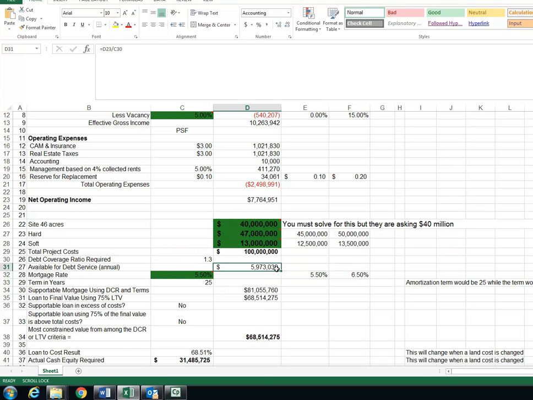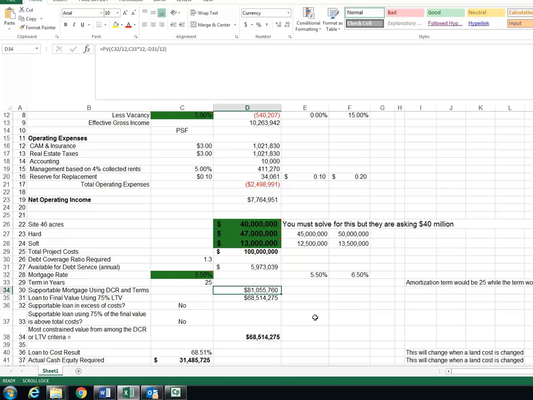Well, if I divide that by 12, I'll get the monthly mortgage payment, and if I solve for what that monthly mortgage payment would support in terms of a mortgage, we get a number of $81 million approximately. So I took this NOI, divided it by 1.3 to say this is available for debt service, divided that by 12, solved for the present value, and I get $81 million.